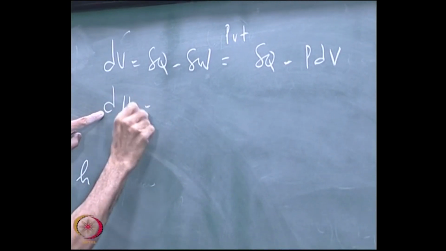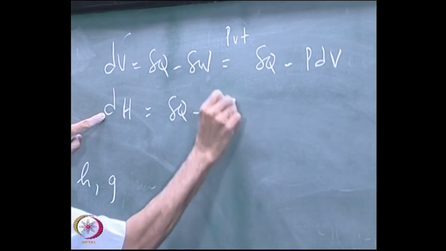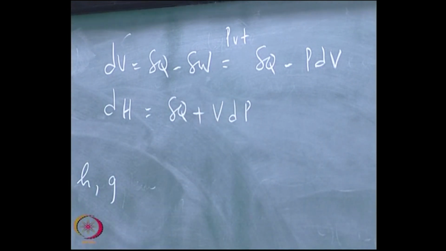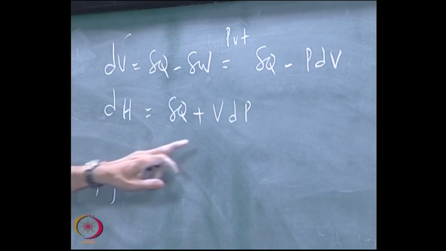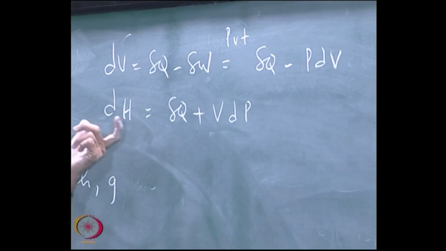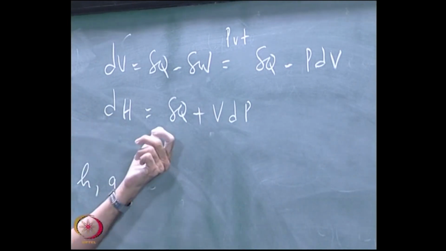So dH is simply du plus d of PV. So I add P dV and V dP, I will get this: dH is delta Q plus V dP. So if I make measurements at constant pressure, I can measure changes in H by measuring Q.